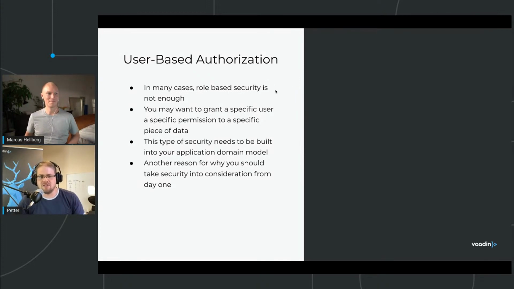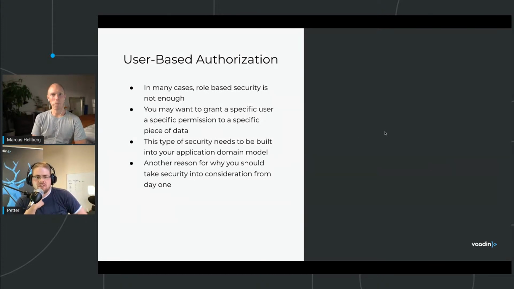So far, we've been only talking about security features that come out of the box. They are provided either by Spring Security or by Vaadin. And in simple applications, that's probably good enough, but in many cases, it's not.